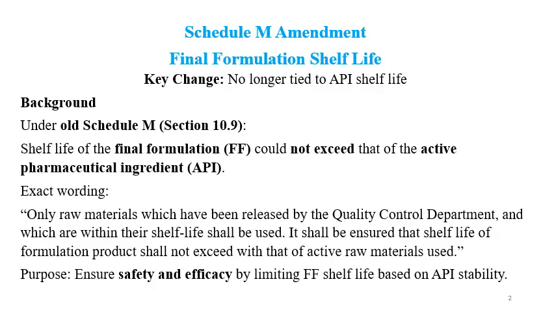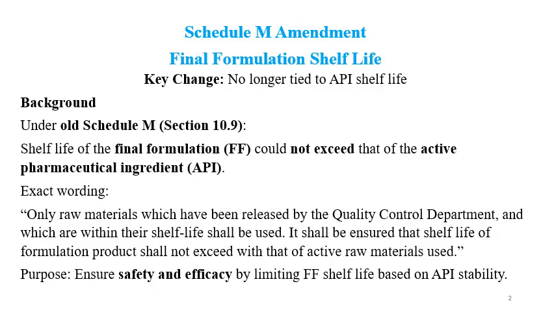So under old Schedule M section 10.9, the shelf life of the final formulation, referred to as FF or finished formulation, should not exceed that of the active pharmaceutical ingredient, that is API.